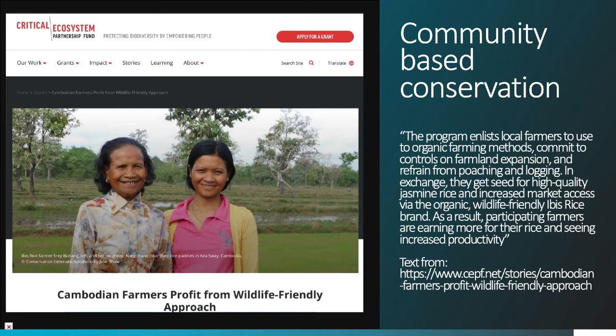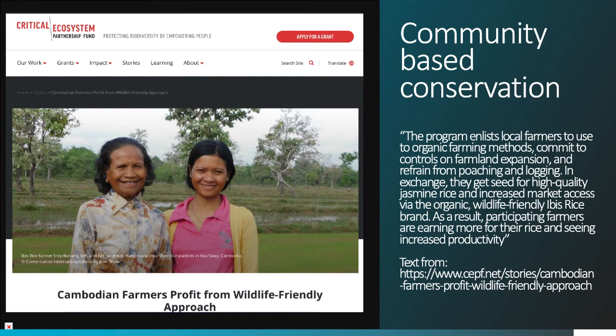I've included an example here from the Critical Ecosystem Partnership Fund, which is an investment and grant-making organization that works in biodiversity hotspots with communities to preserve and protect important areas for biodiversity. The example here, which you can read about more by following the web link that's on the page, is an area in Cambodia where farmers are engaged in decisions about preservation and protection of wildlife. The text here is from the website and is a great example of spending money to support local communities.